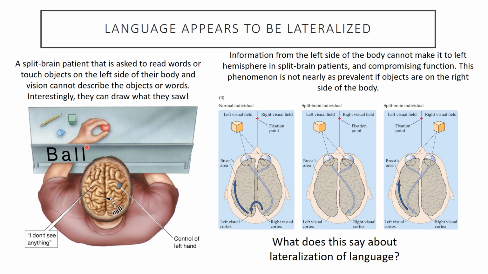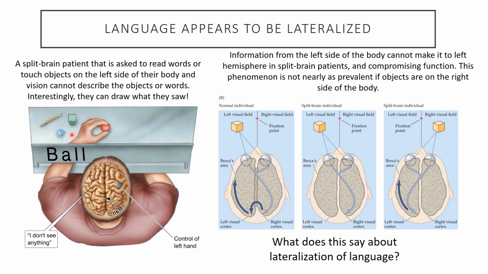Interestingly, if these things are on the left-hand side of this individual, so not in the right-hand side of their visual field, these people cannot describe the objects or read the words that are on the left-hand side of their visual field, but they can actually draw what they saw, which is crazy. So they can draw that they saw a cube, but they cannot articulate that they actually saw a cube.